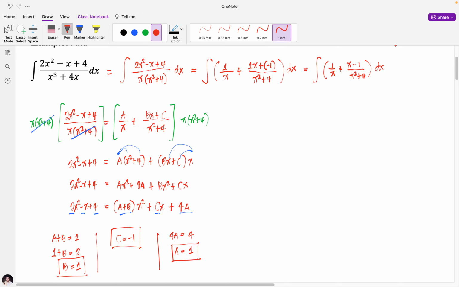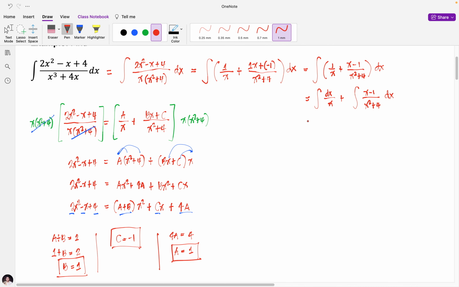From that, we can further solve this one by distributing the integral. So that is the integral of dx over x plus the integral of x minus 1 over x squared plus 4 dx.